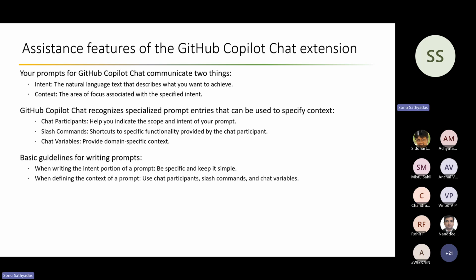You can use that as a shortcut for performing some operations. Instead of writing a lengthier prompt, you can do some of these operations by just using the slash commands. It also helps the Copilot understand what the user is trying to convey.